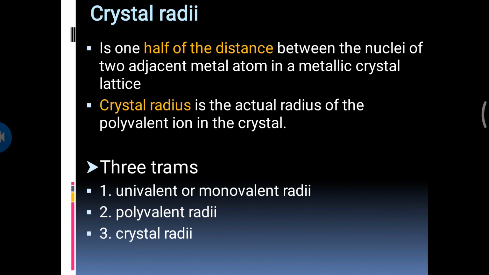What is univalent radii? Univalent or monovalent means single. An example of univalent radii is NaCl. In it, Na plus means the atom has lost one electron. It is a univalent ionic radii.